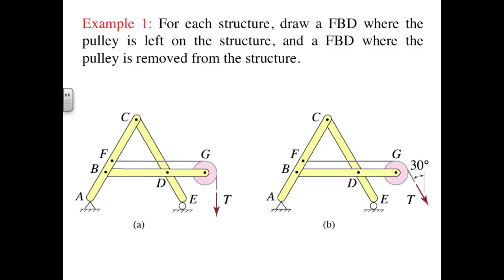For the assembly in A, the tension T is directed downward, so there is little advantage of taking the pulley off versus leaving it on. If we draw an enveloping surface around the whole assembly, there is a single external force displaced horizontally from the bearing at G by the pulley radius. There is no difficulty in formulating an expression of the moment of the external force about A or E in this approach.